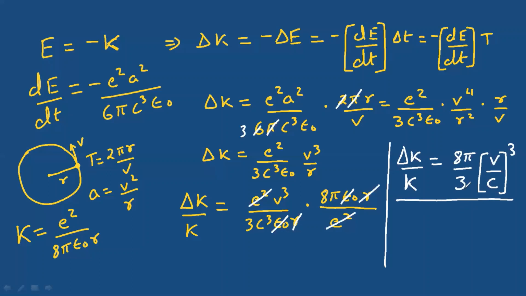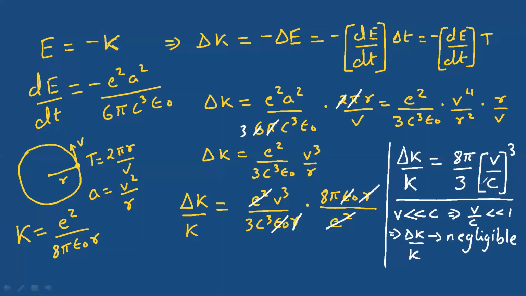Now it's been given to us that v is very small as compared to c. So what you can say is that delta k by k is going to be negligible. As you can see here, v over c would be very small as compared to 1.